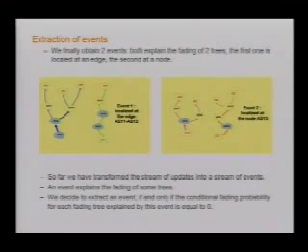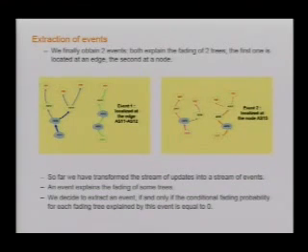We have transformed the stream of updates into a stream of events. So we get the unavailable primary paths, then the unavailable trees, and then we get the events. So those 2 events can explain all the unavailable primary paths we've seen.